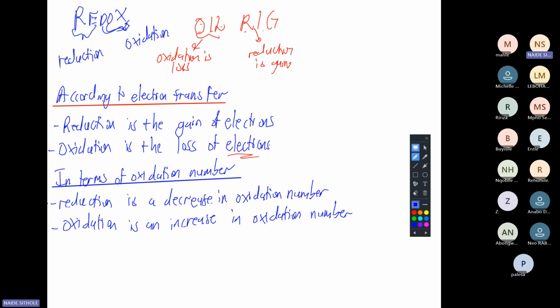If you want to remember it, think of a number line with 0 here, which is neutral.